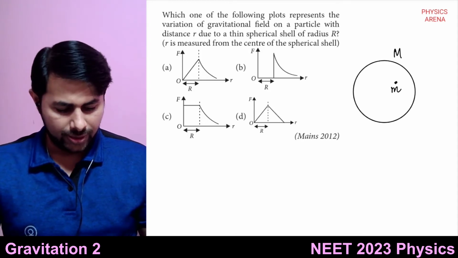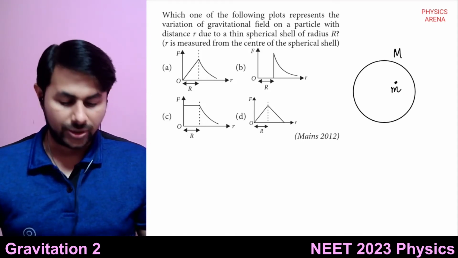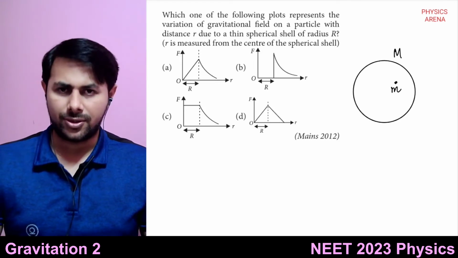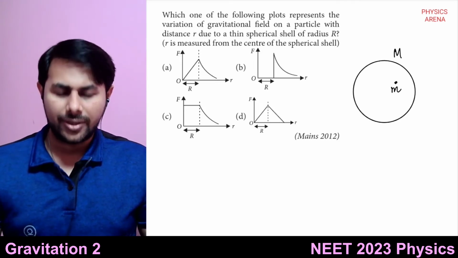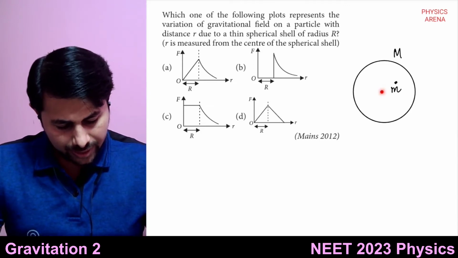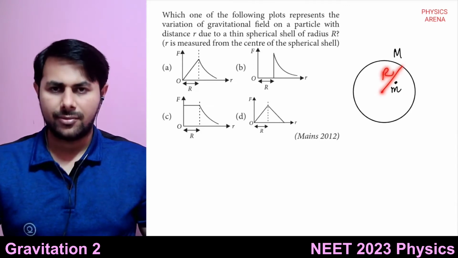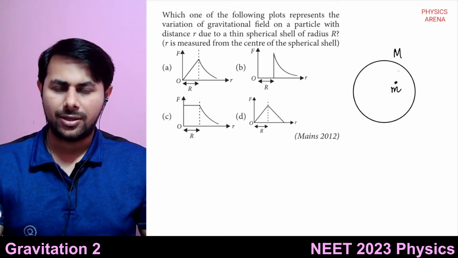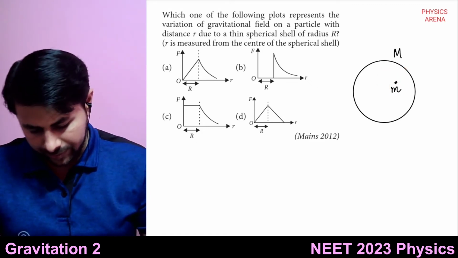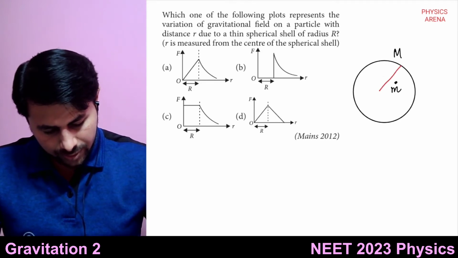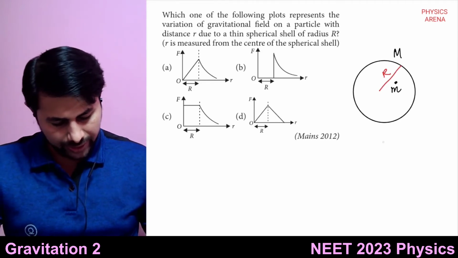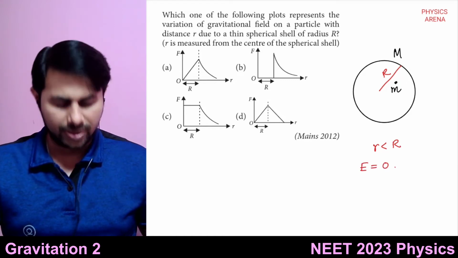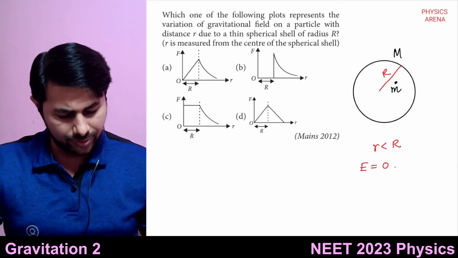Therefore the gravitational field inside the shell is also zero, till the distance R, till you reach the surface of the shell. So when r is smaller than R, E is equal to 0, the gravitational field is equal to 0.